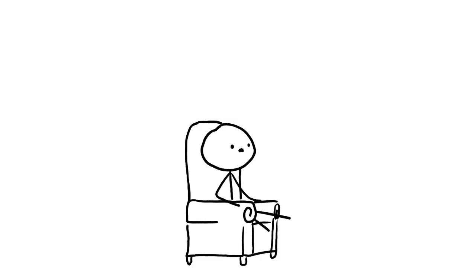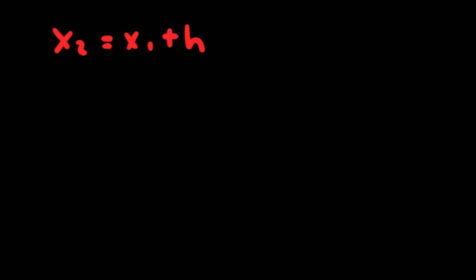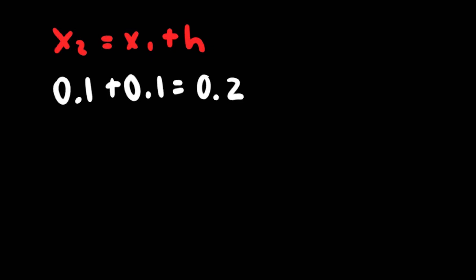Now, as I've said, this process can be repeated until you reach your desired endpoint or a specific number of steps. So, moving on, we looked for x sub 2 by adding x sub 1 plus h, and with the values, this equals 0.1 plus 0.1, equaling 0.2.